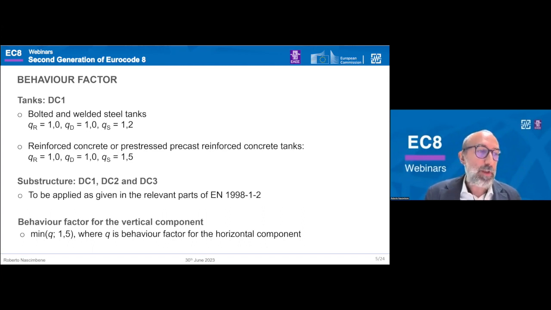Important also here is the part related to the behavior factor for the vertical component. About elevated tank, we refer to Eurocode 8 part 1, that is the part related to buildings.